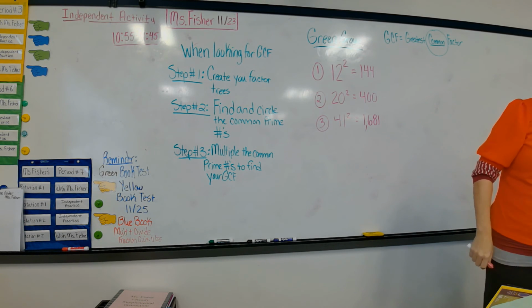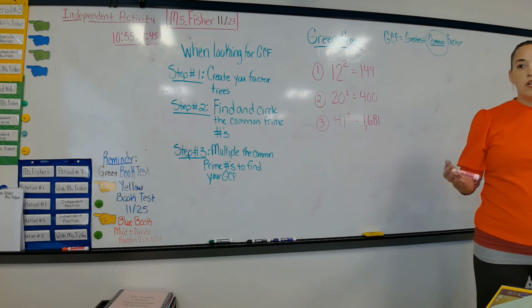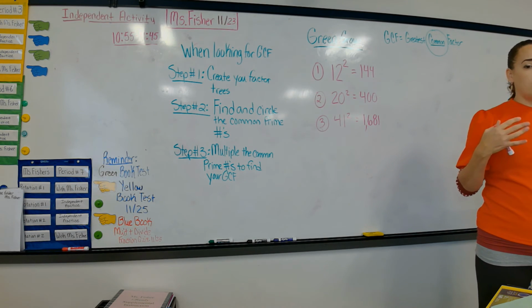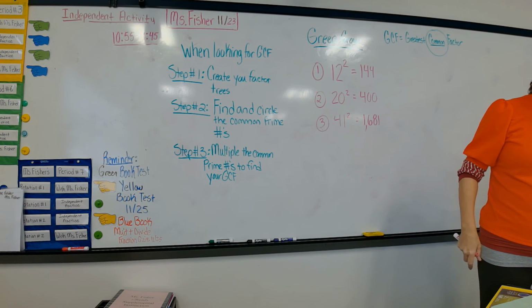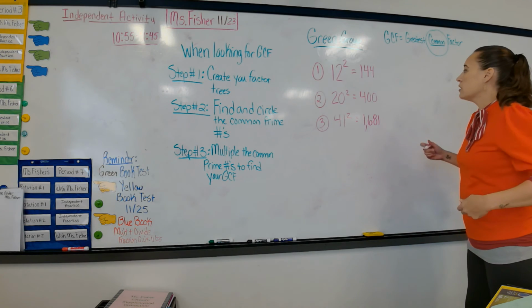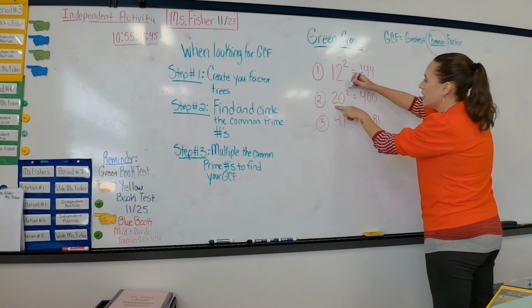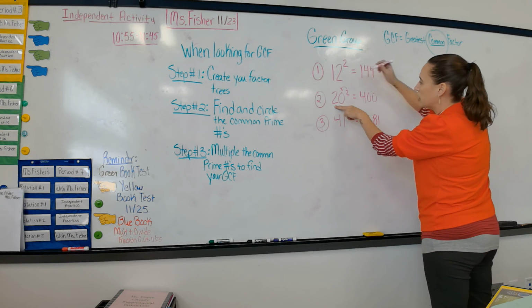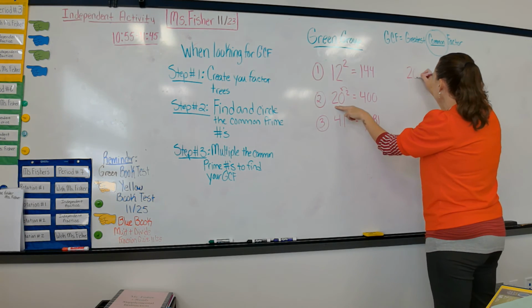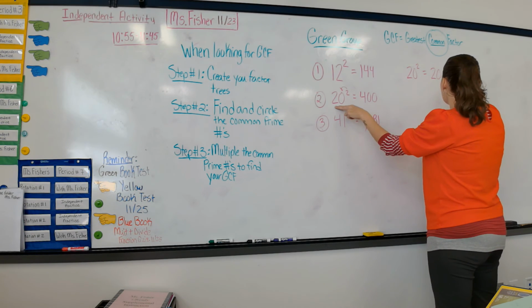Okay? Now, the next one is about square roots. We were talking about how square and square roots are basically the inverse. Okay? So what does that mean? So just to make sure you remember what that means. So again, this is saying you have two 20s. So that's 20 squared is 20 times 20.